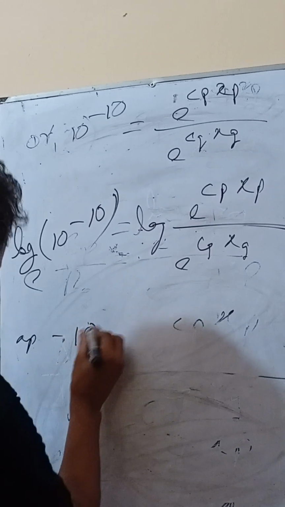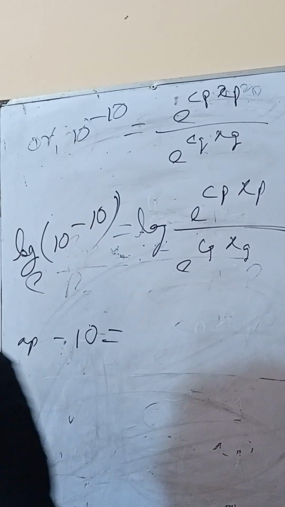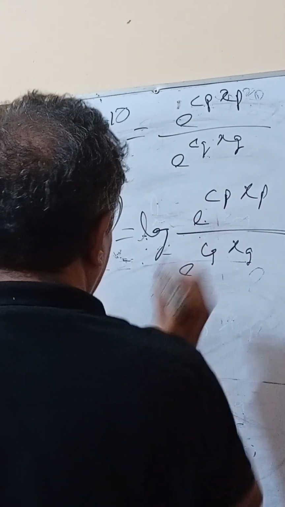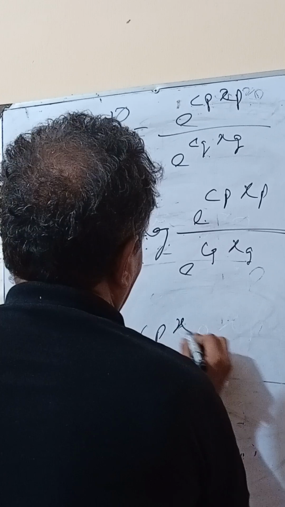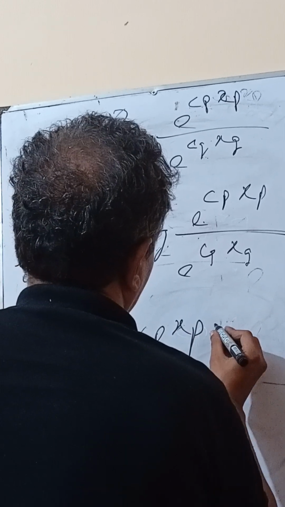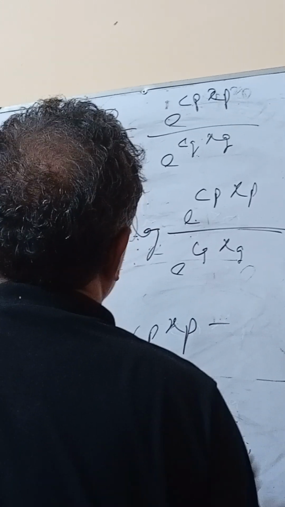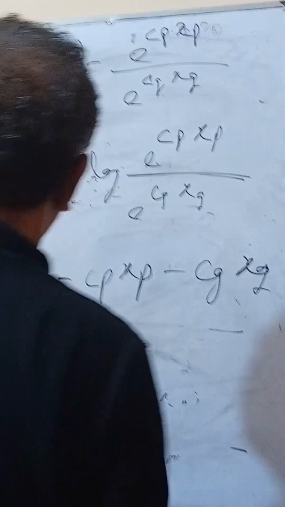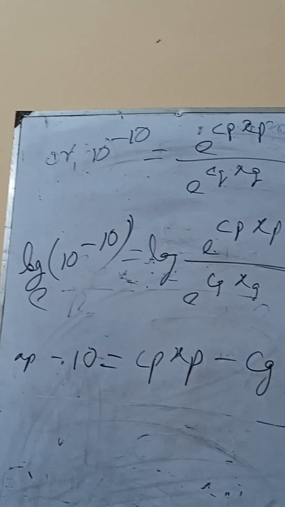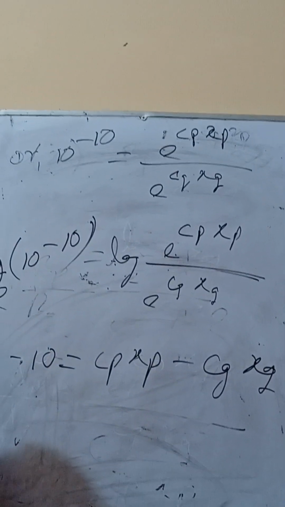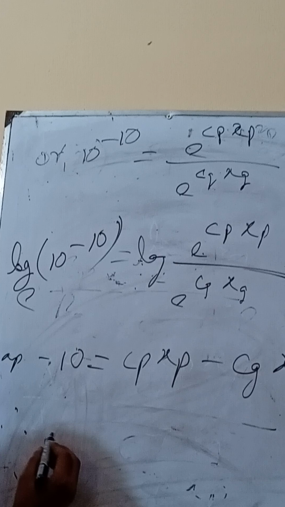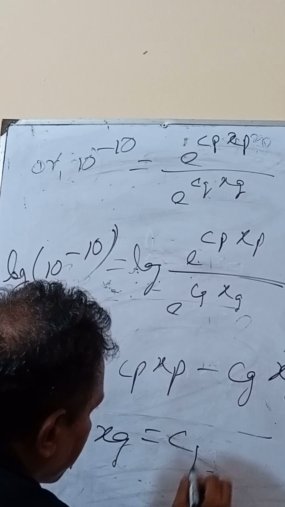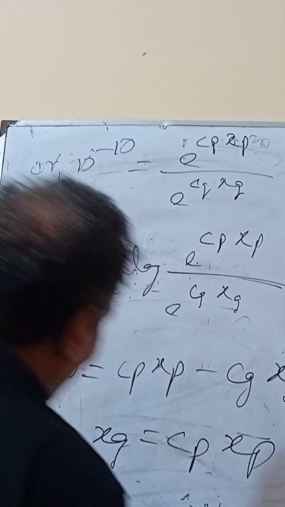It is a normal calculation, and then this log E CP XP minus CG XG. Therefore we can write CG XZ CP XP.